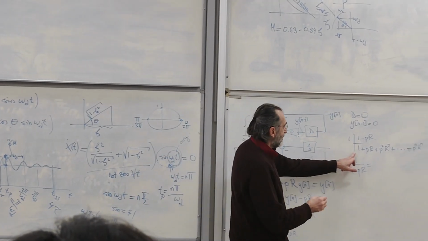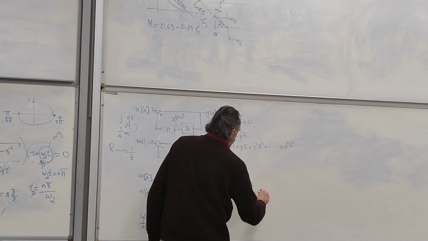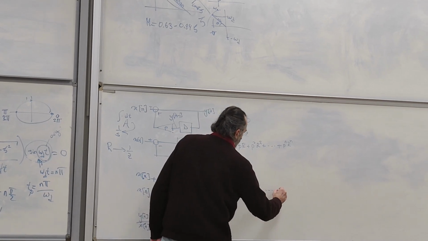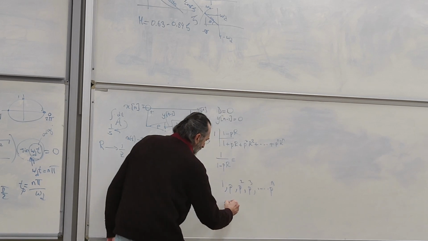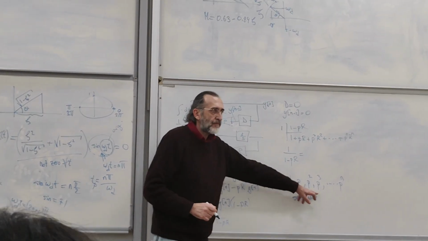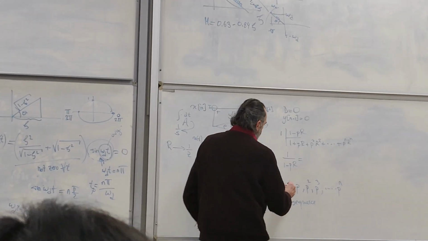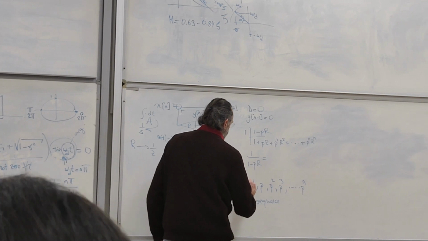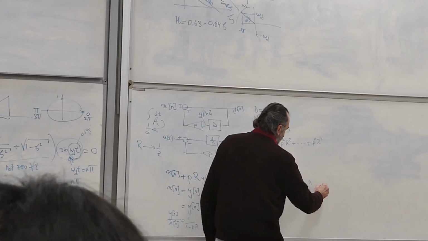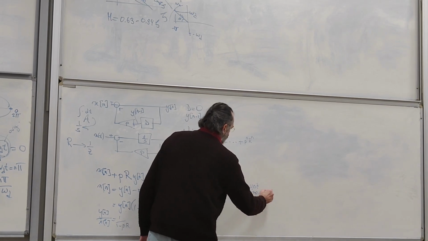And I know that 1, p, p squared, p to the third, p to the n is a sequence, not added, but numbers next to each other, the outputs of the system. This is g of n, which is the unit impulse response.